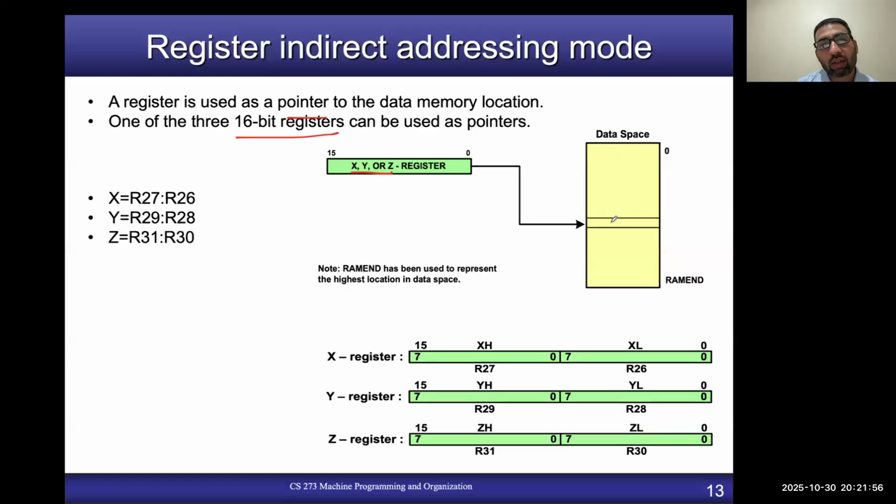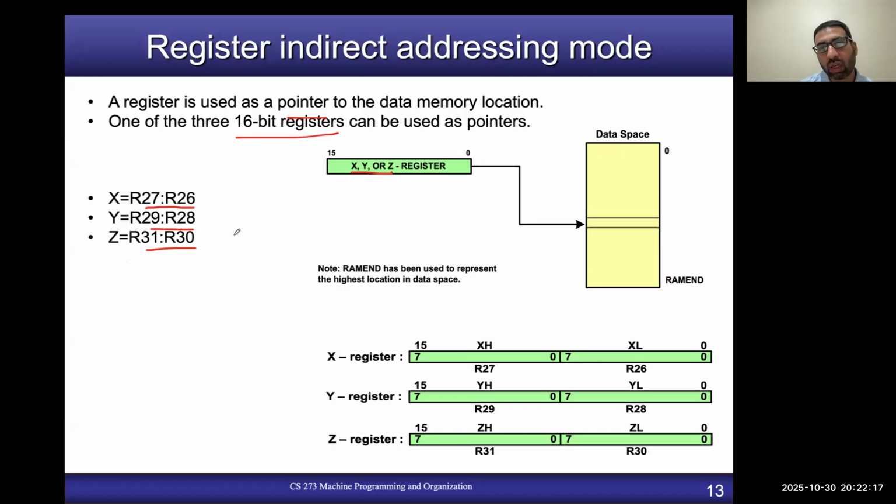The register X is a combination of R26 and R27, Y is a combination of R28 and R29, and Z is a combination of R30 and R31. And so X, Y, and Z are basically 16-bit registers.